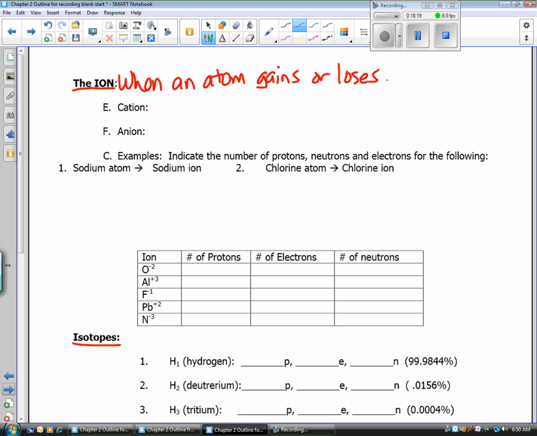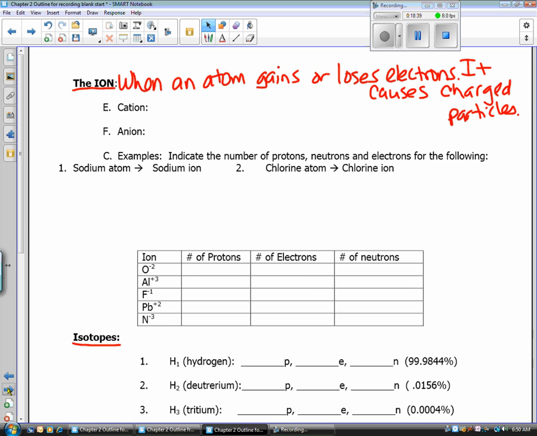It causes charged particles, that makes sense. So it can have one of two charges. It can be positive or it can be negative. Well, the two names we have are cation and anion.